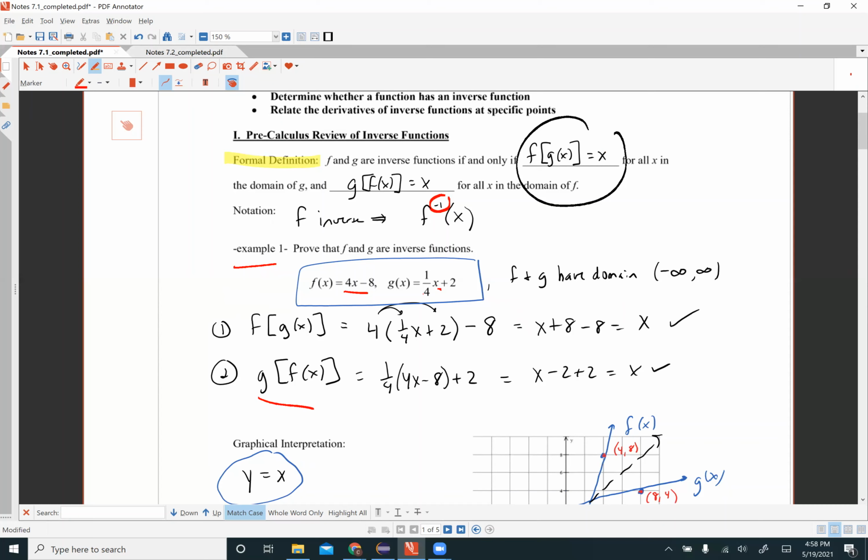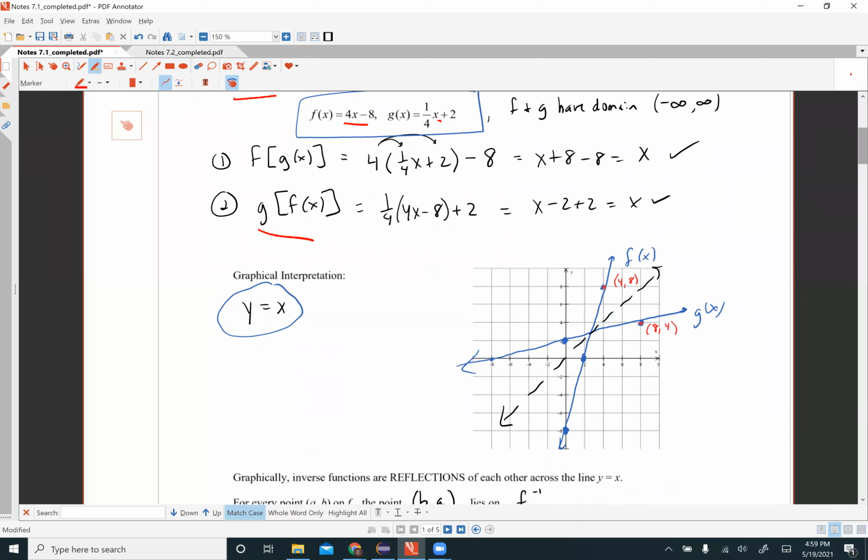So f undoes what g does, and g undoes what f does, taking it all back to the original value of x. Graphically, you're just exchanging the roles of x and y. If g of x is equal to the inverse of f of x, then the two functions are symmetric about the line y equals x.